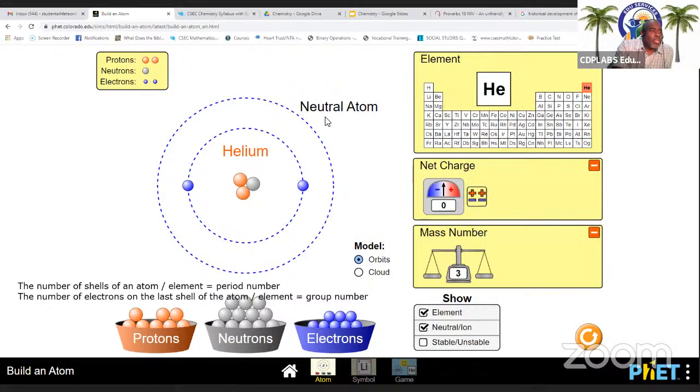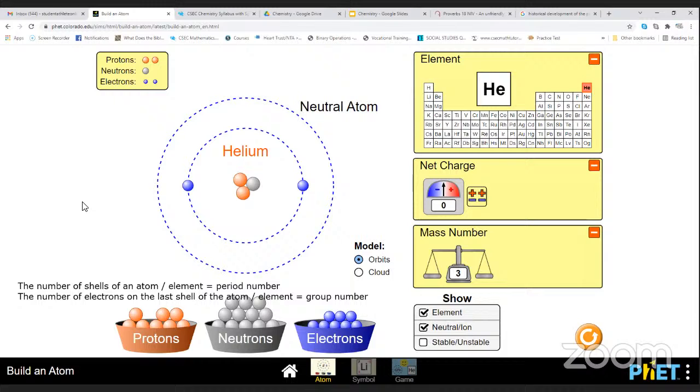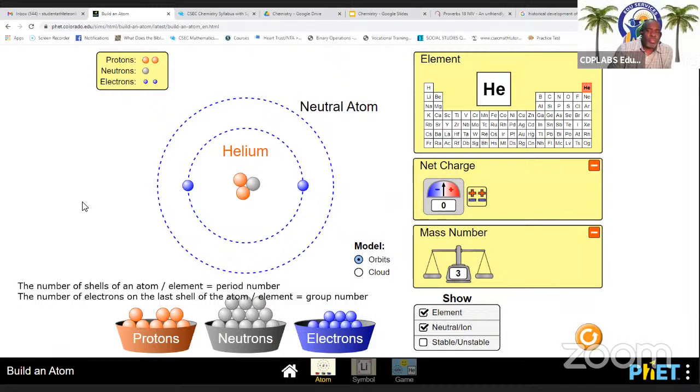Now if you notice, the name of the atom changes. How many electrons does helium have? 2. And which period is helium in? Based on the notes you got a while ago.